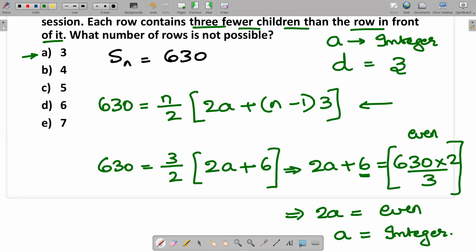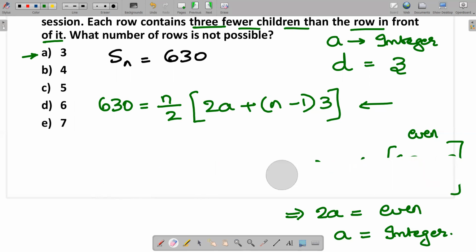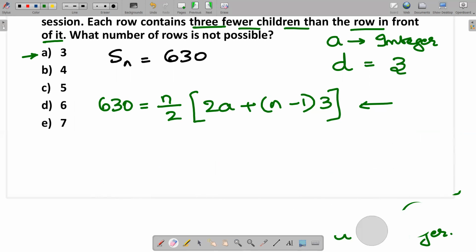I don't need to know the value of a, I just want to make sure that a is an integer. So when I put the number of rows equal to 3 into this main equation, yes, a is an integer, which means 3 rows is possible. So like that, you need to check which number of rows is not possible.